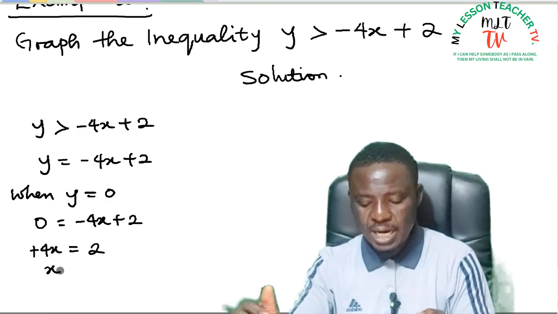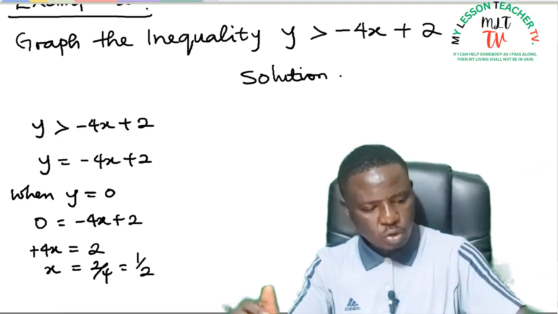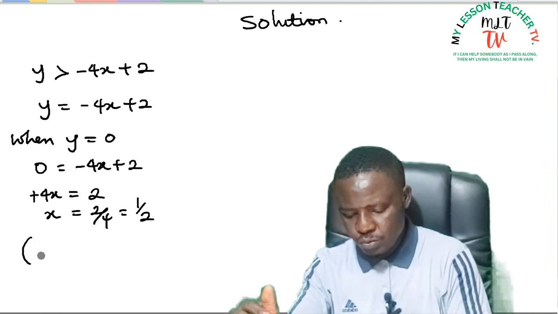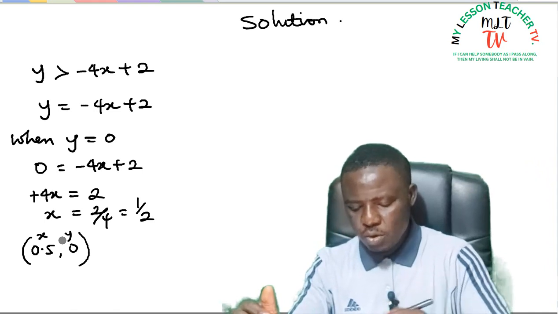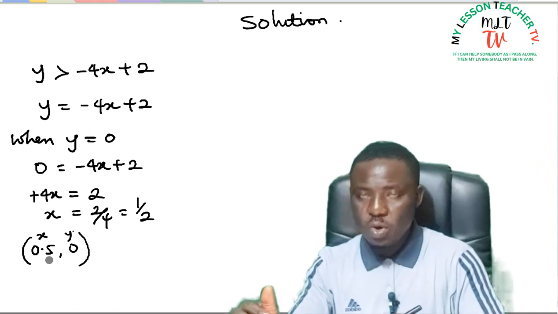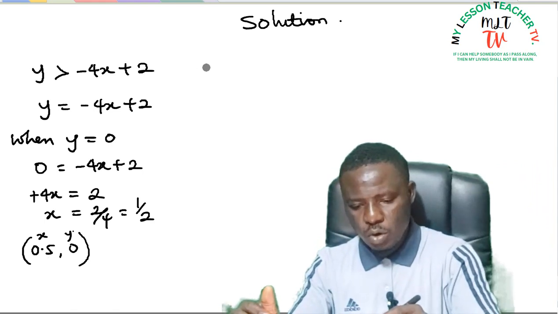And when you divide both sides by 4, you have x equal to 2 over 4, which is equal to 1 over 2, or 0.5. So this is 0.5, comma 0. This is the x value and this is the y value. That is, when y is equal to 0, x is 0.5.